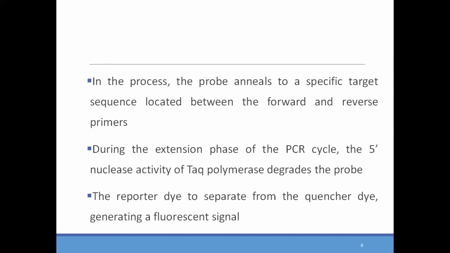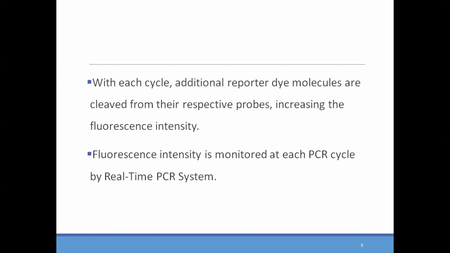So once the extension occurs, the quencher dye and the reporter dye separate from each other, which gives the fluorescent signal. With each cycle, the intensity of the fluorescence will increase. This fluorescent intensity is monitored with each PCR cycle using the real-time PCR system.